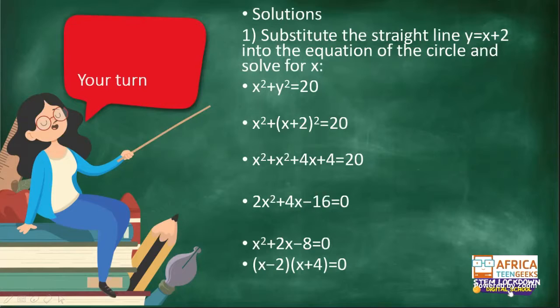Therefore, x equals 2 and x equals negative 4. Those are the x coordinates of P and Q. What is left is for you to substitute those x coordinates into the equation of y.